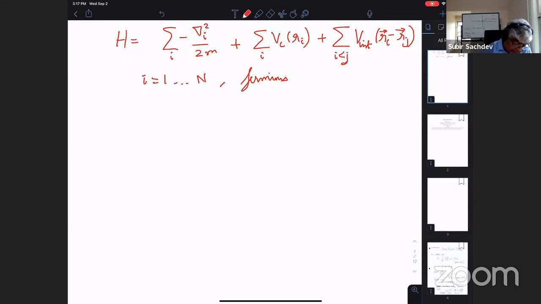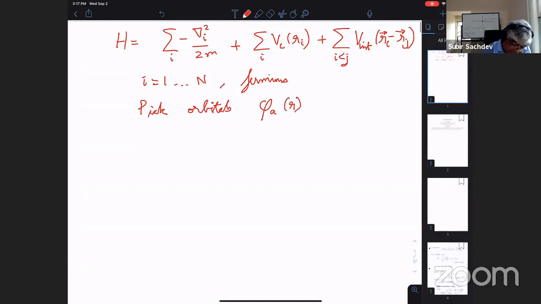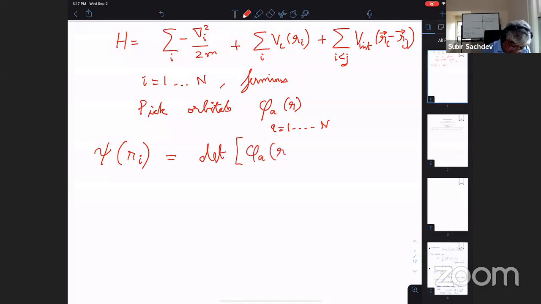So the idea is that you pick some set of single particle orbitals, let me call them phi_A of r. And if you have N particles, well, A will run from 1 through N. And then the wave function of the N particles, psi of r_i, you will say is what's called a Slater determinant. It's the determinant of phi_A of r_j.